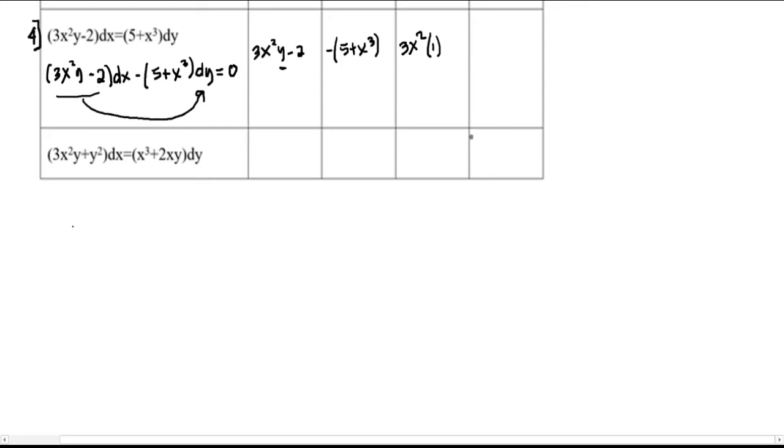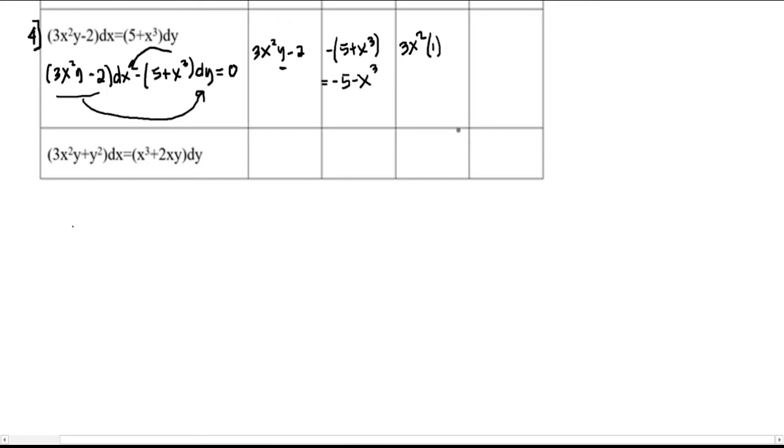Then, for our n, get now the derivative of n with respect to x. And we will just remove the parentheses here for easy solution. So we have here negative 5, then minus x cubed.